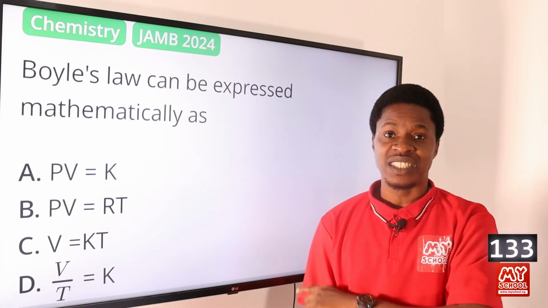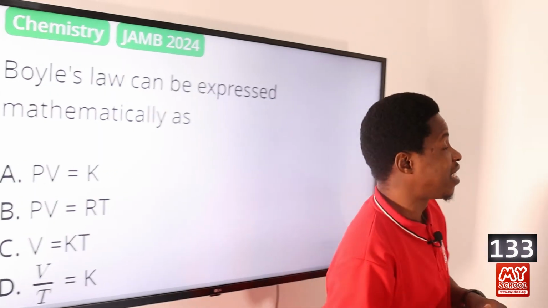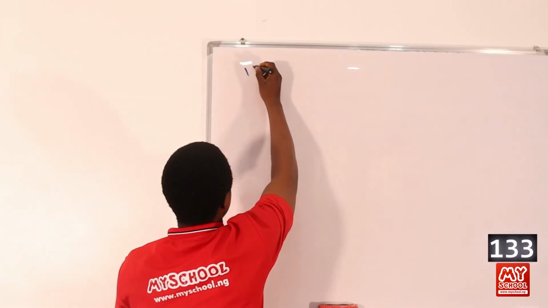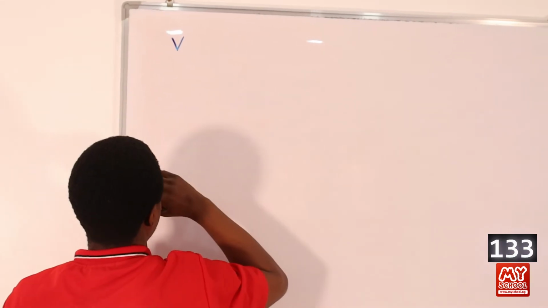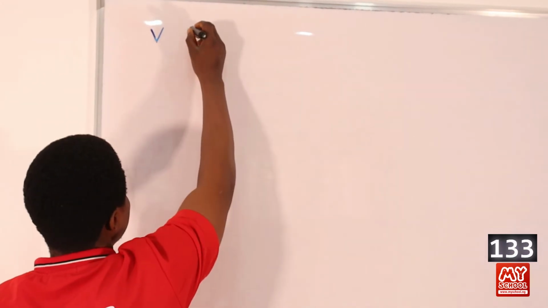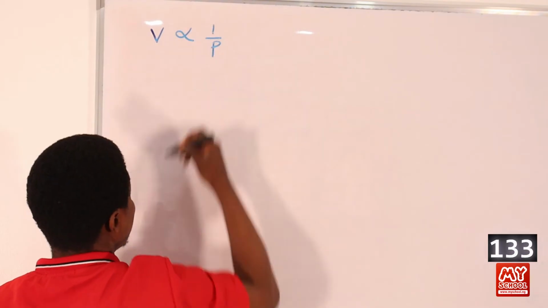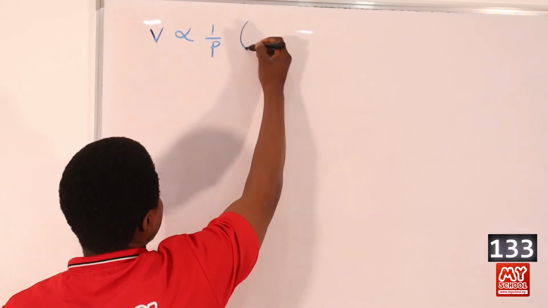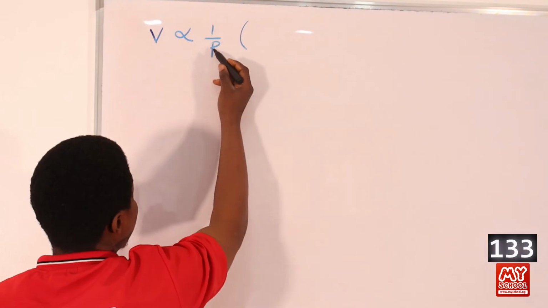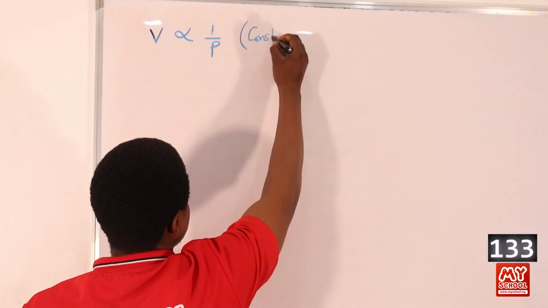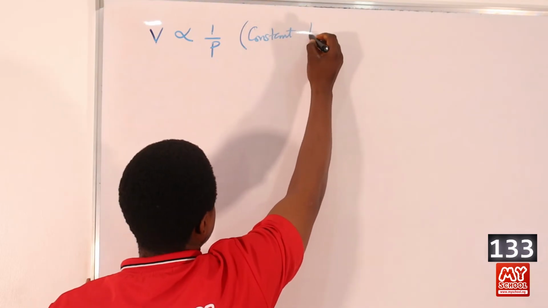So Boyle's law, what does it state? Let's look at the board. The volume of a given mass of gas is inversely proportional to pressure. It's looking at the relationship between volume and pressure. Don't forget, at constant temperature.